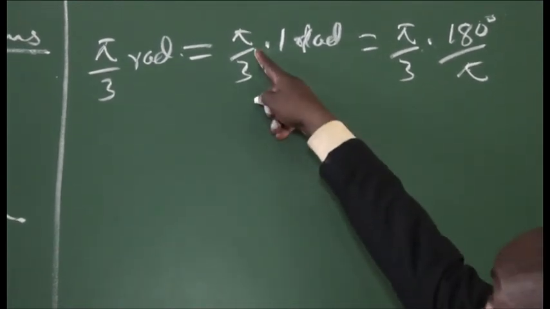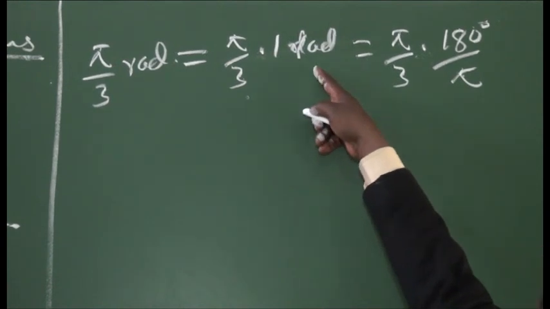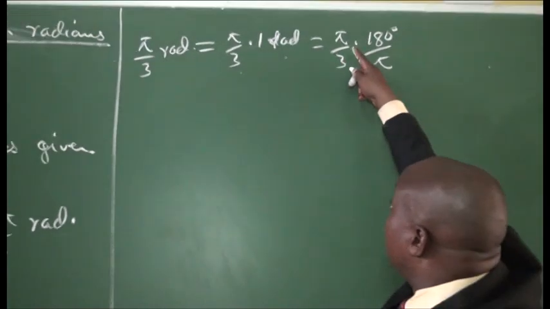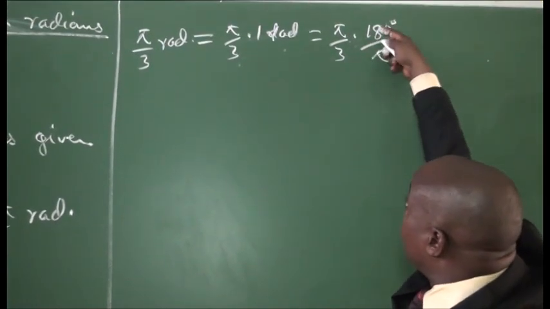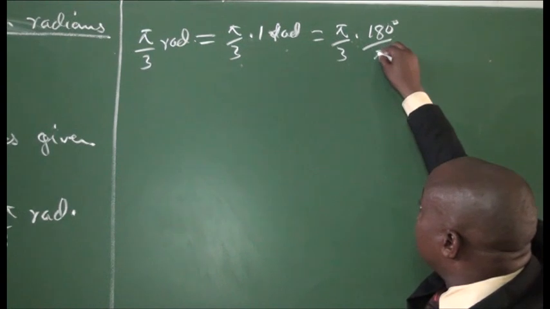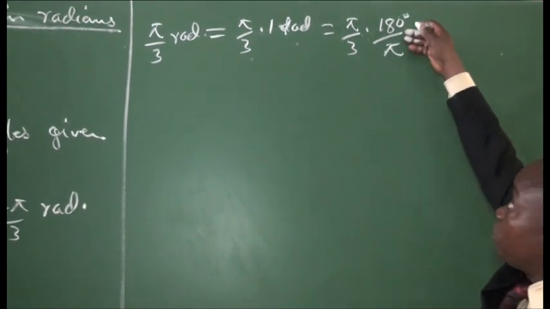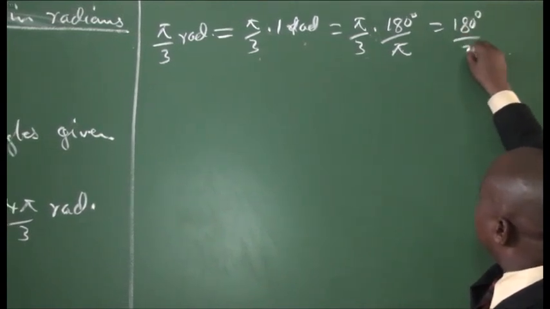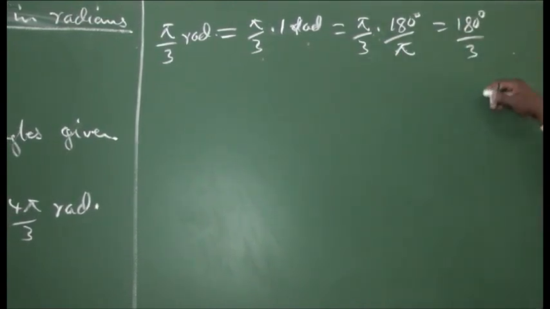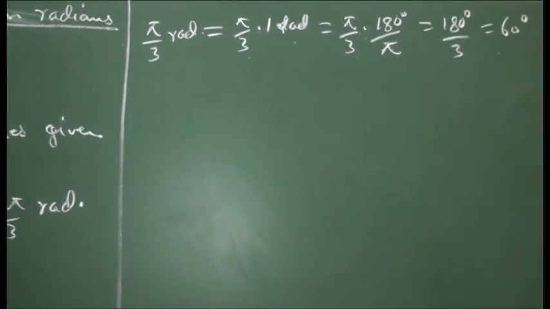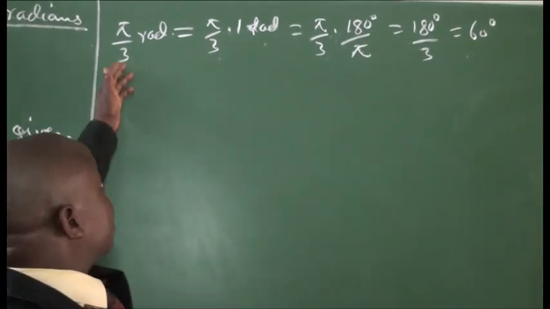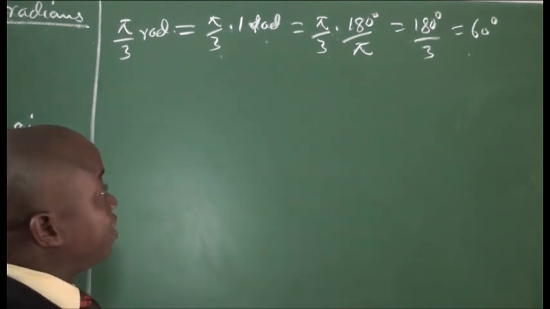Now pi cancels pi, and we have 180 degrees divided by 3. 180 divided by 3 will give you 60 degrees. And that is how, when we converted 60 degrees, what we had was pi over 3.